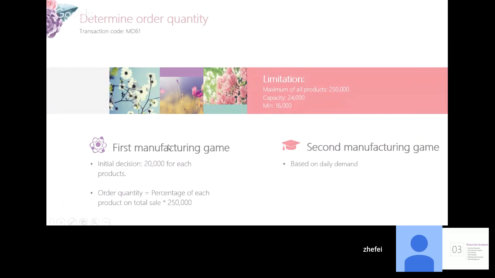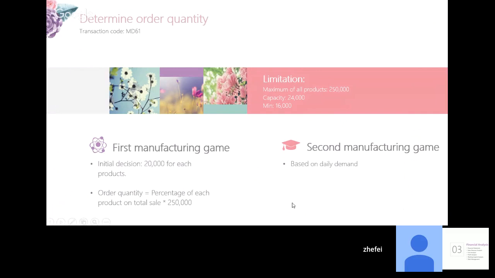As a first manufacturing game, I averaged each product as 20,000 as order quantity and changed it based on one round of sales. The order quantity is calculated as the percentage of each product in total sales multiplied by 250,000.